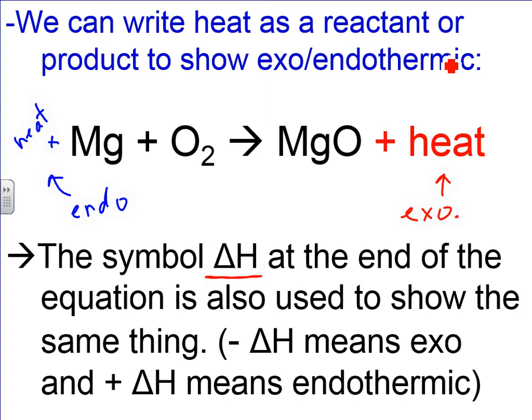And the change in heat can either be positive or negative. If it is negative, then this means exothermic. And if it is positive, this means endothermic. So for example, for this reaction, we would say delta H equals negative, and you can actually put the number down, 425 kilojoules. So we can actually tell exactly how much heat is released for the equation itself.